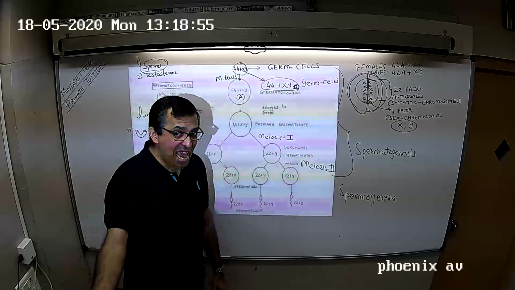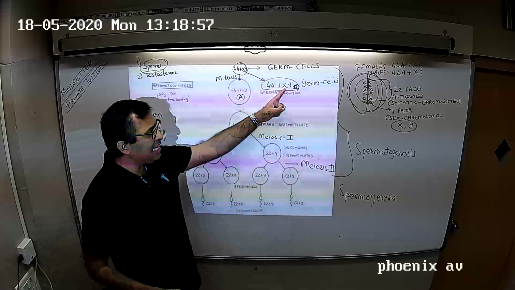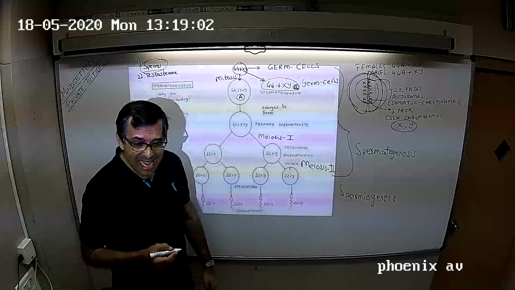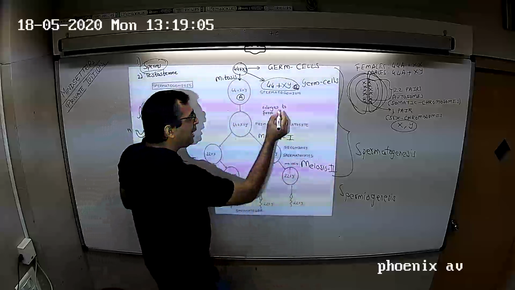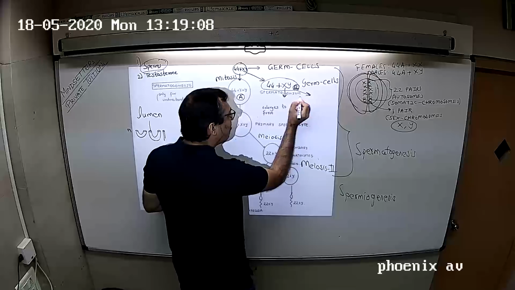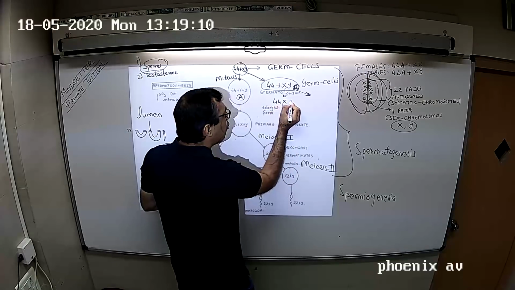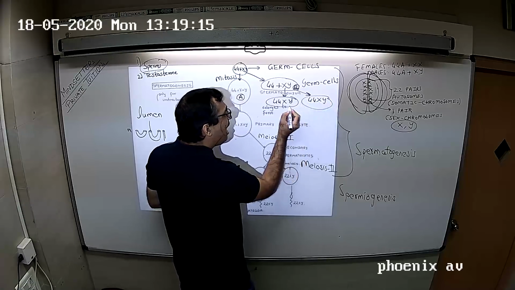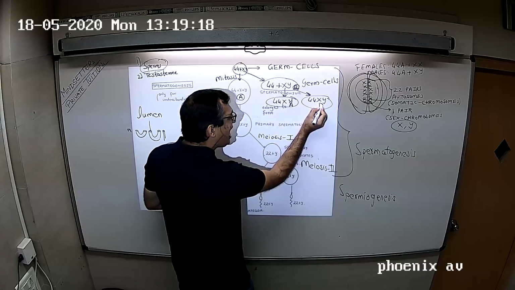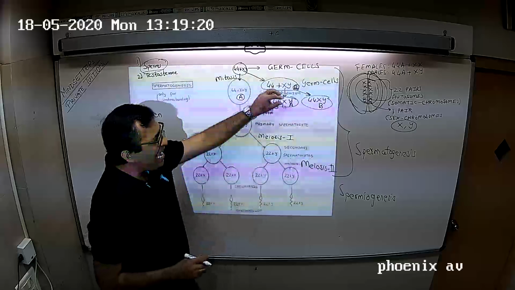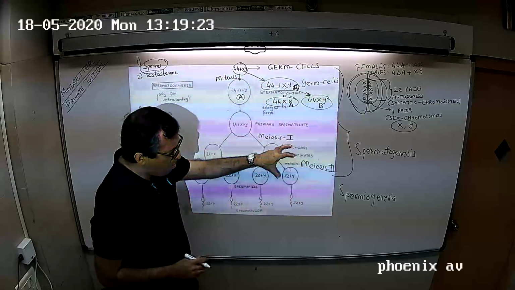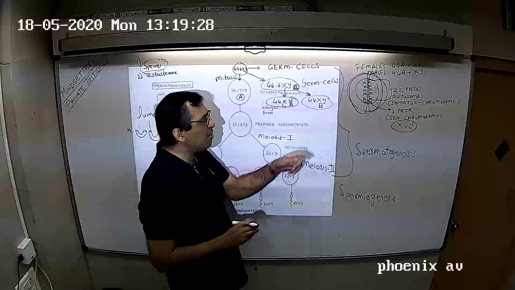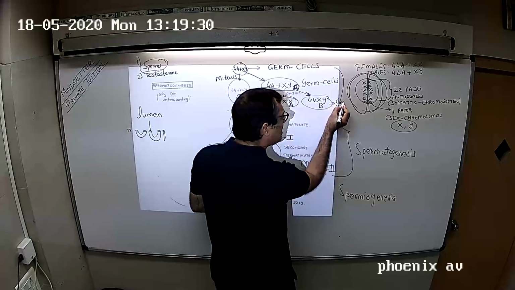Spermatogenesis has to take place every day, and germ cells will remain behind in the form of spermatogonia B. Next day, spermatogonia B will divide by mitosis to form 44XY and 44XY. Again, these are called spermatogonia A and spermatogonia B. A will undergo meiosis to form sperm. B will remain behind as a germ cell.